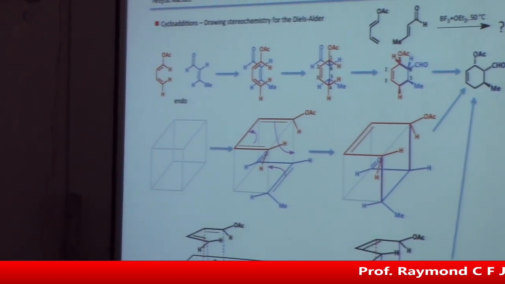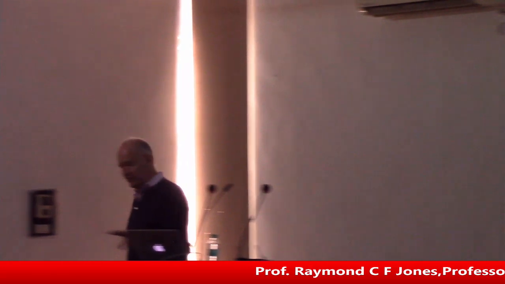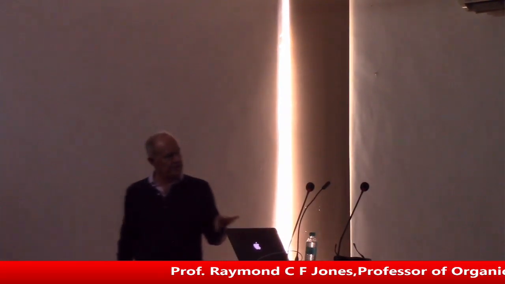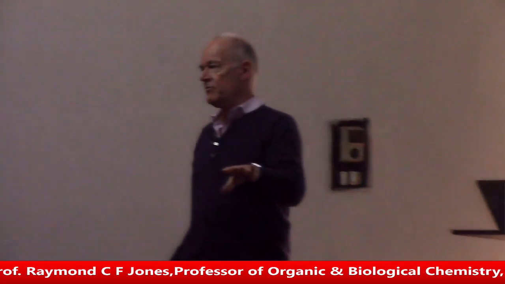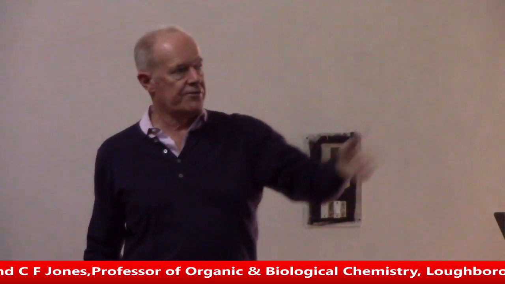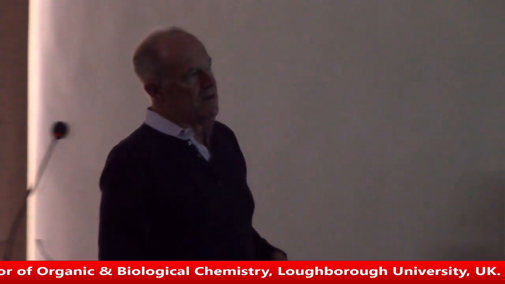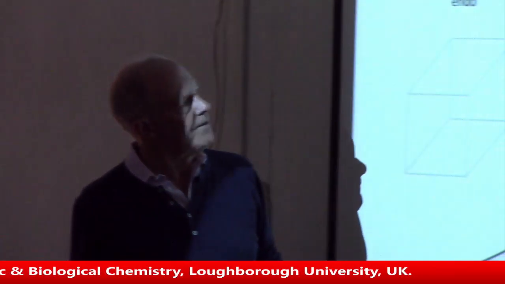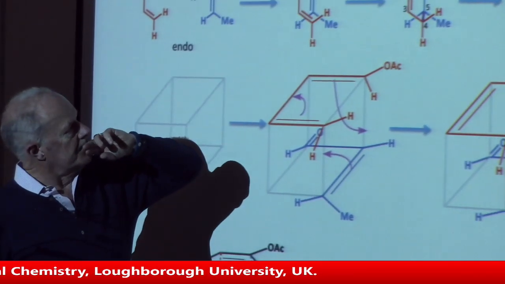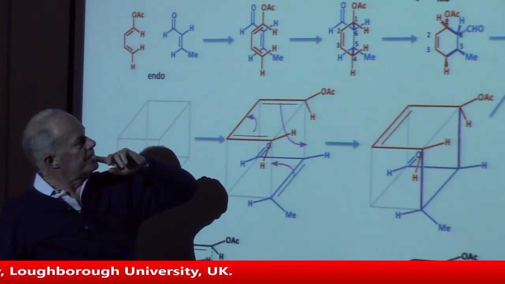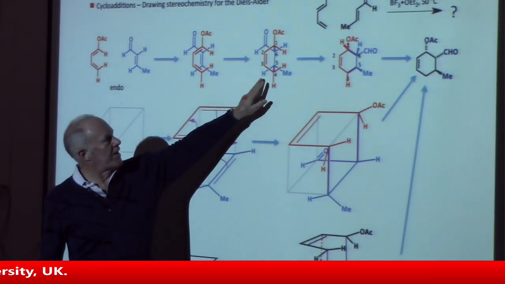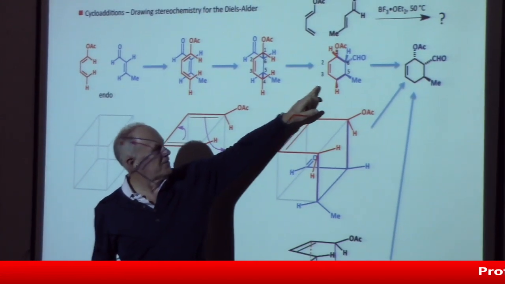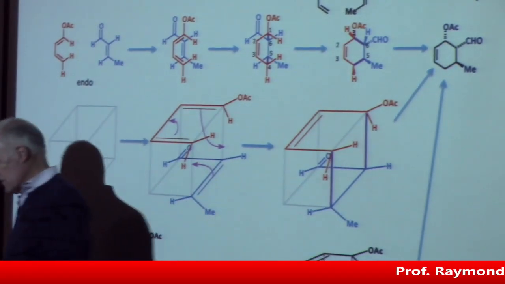So you translate your original starting materials into the same geometries in the transition state for the reaction, and then see how that maps through onto the products. And these are three alternative ways of trying to draw it. So it's, if you like, this translation we're trying to make.